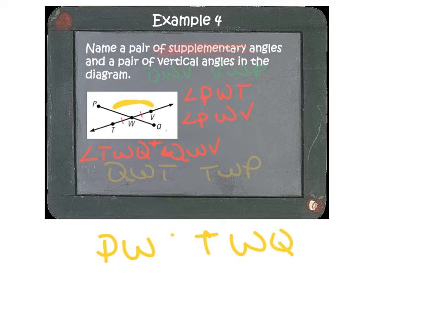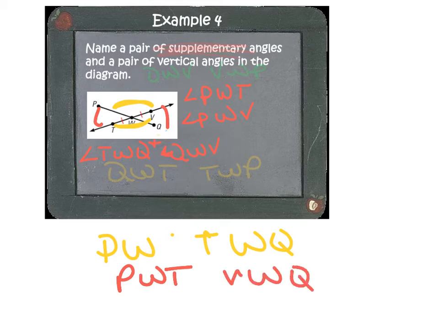PWV is right here, and TWQ is here. There's one other pair. It's going to be over here. This one with this one. Somebody give me those letters for the red. PWT and VWQ. Good.